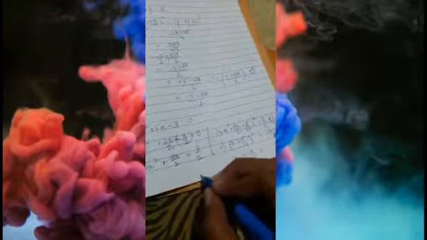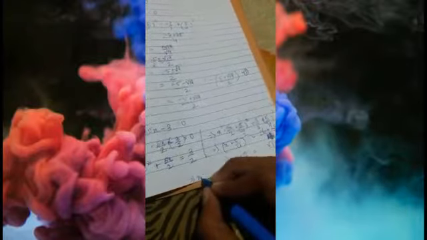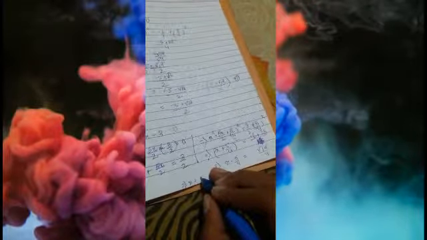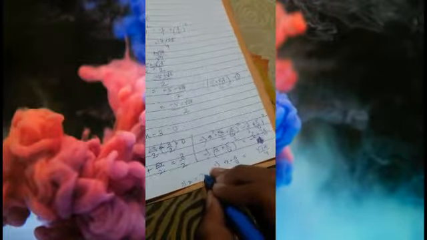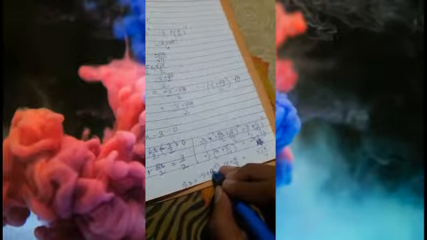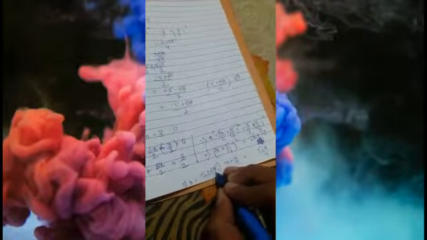So what this implies is that x equals minus 5 plus or minus root over of 19 by 4.